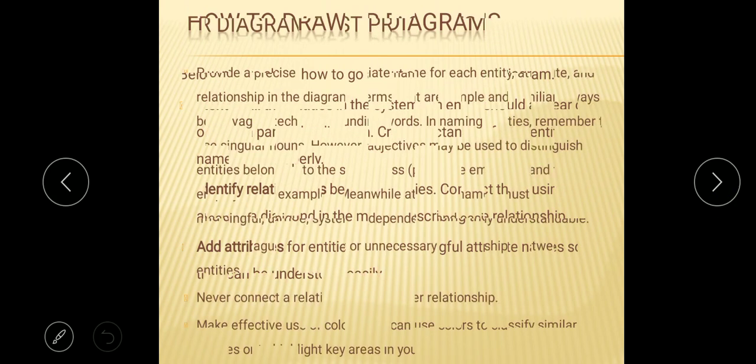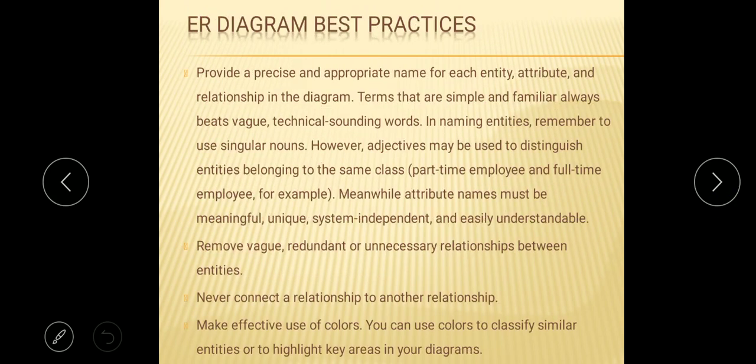Now, what are the ER diagram best practices? Provide a precise and appropriate name for each entity, attribute, and relationship in the diagram. Terms that are simple and familiar always beat vague technical-sounding words.